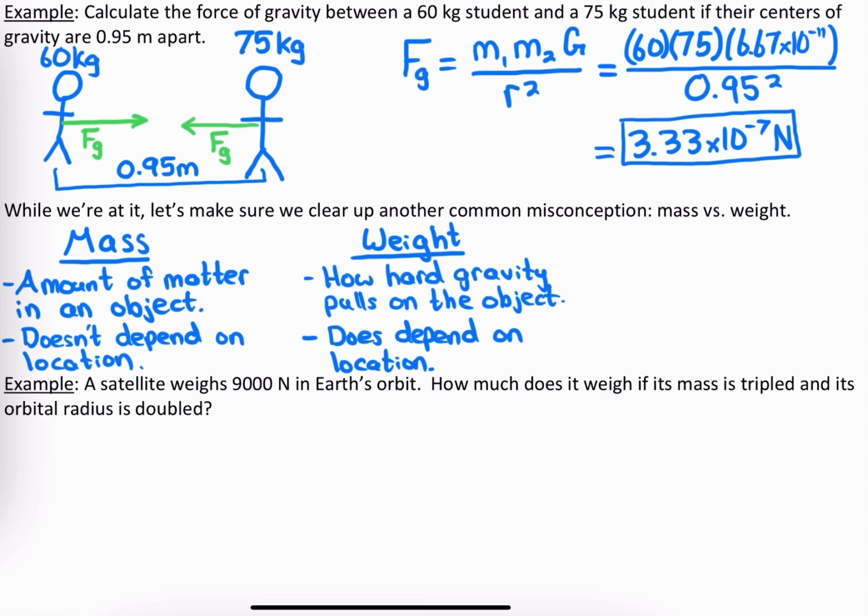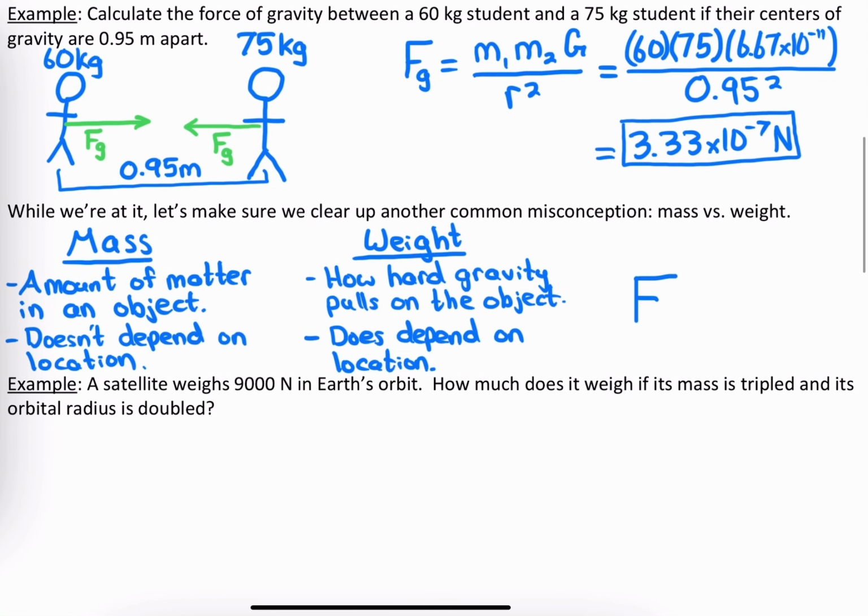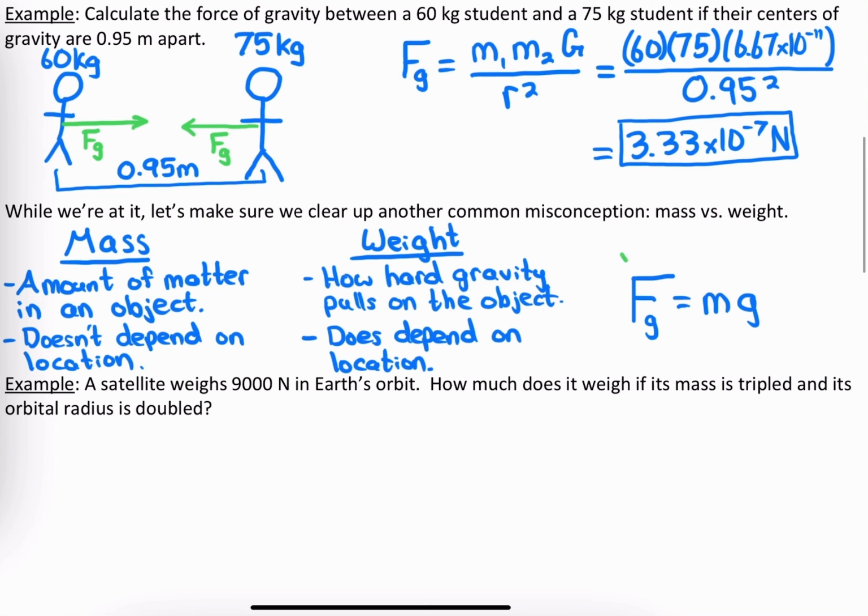One way to sum up the difference between mass and weight pretty quickly is with this formula that you're all pretty used to seeing, I think. In this formula, Fg is weight. It's how hard gravity pulls on something, and it's measured in newtons.